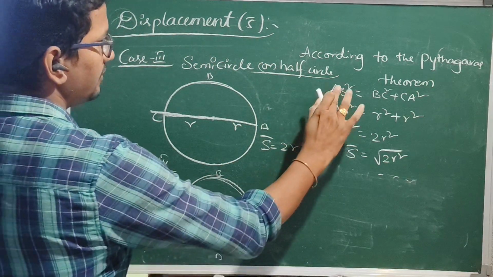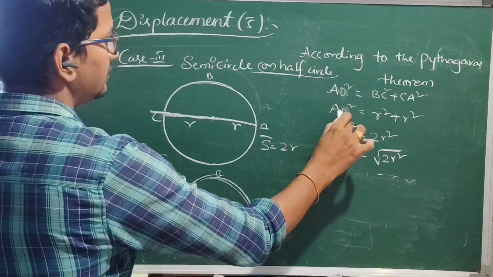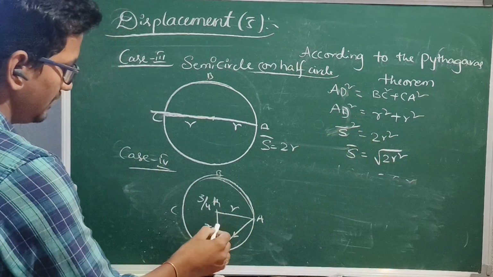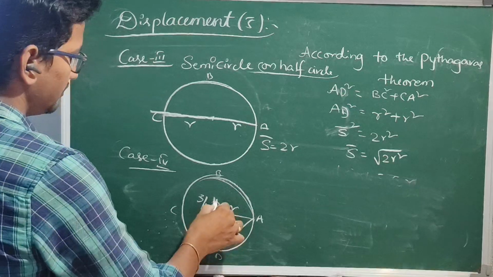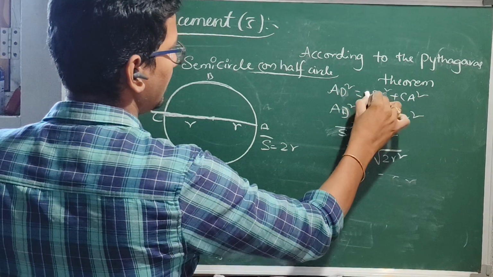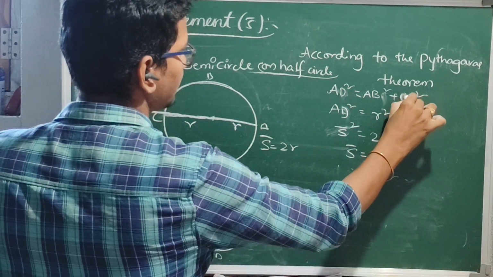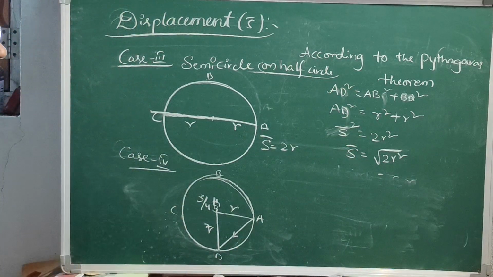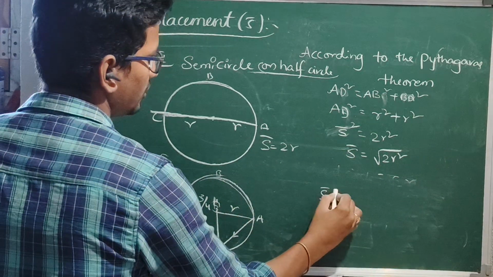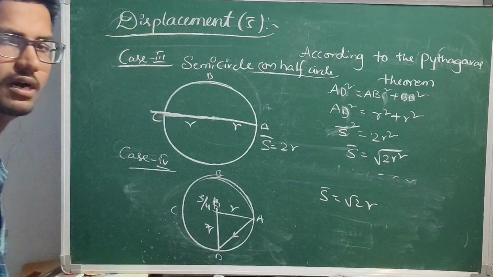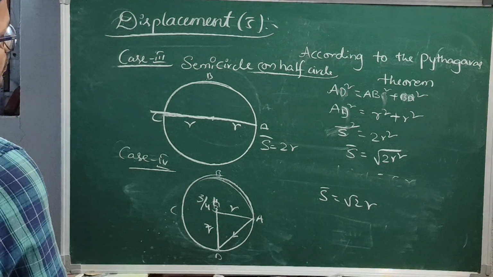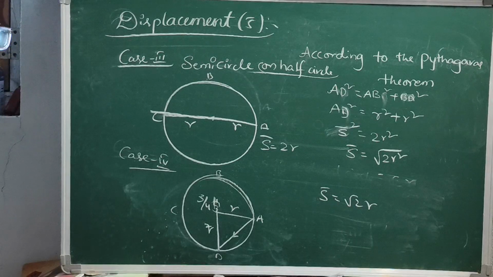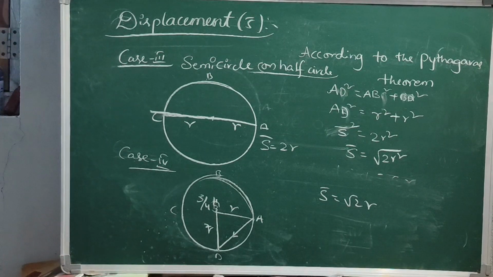AD square equals AB square plus BD square. We get the same result: S bar is equal to root 2 into R. That is the displacement in a circular path, where different formulas are there.